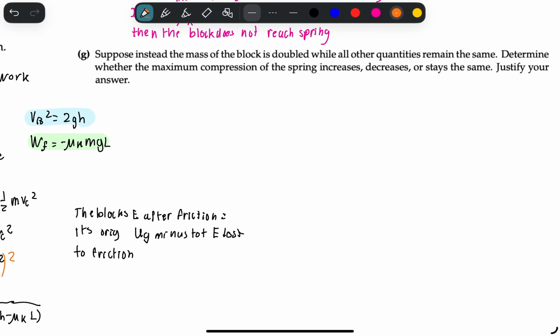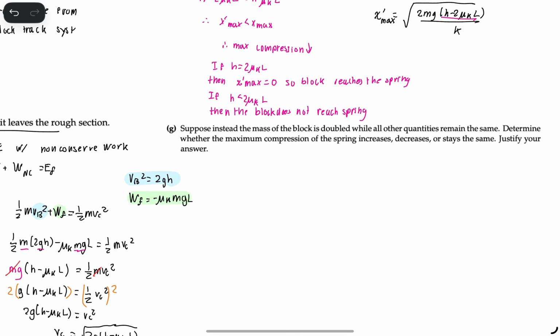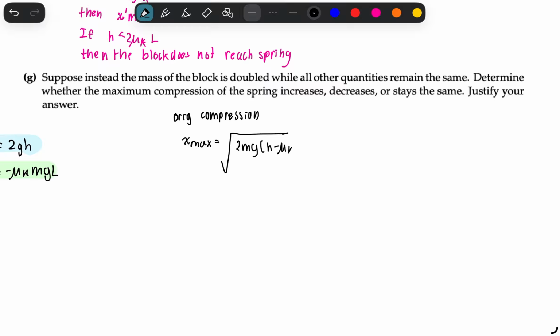Now, suppose instead the mass of the block is doubled while all other quantities remain the same. Determine whether the maximum compression of the spring increases, decreases, or stays the same. Justify your answer. So again, our original compression is x max, which is equal to the square root of 2 times m g (h minus mu k times L), all divided by k.